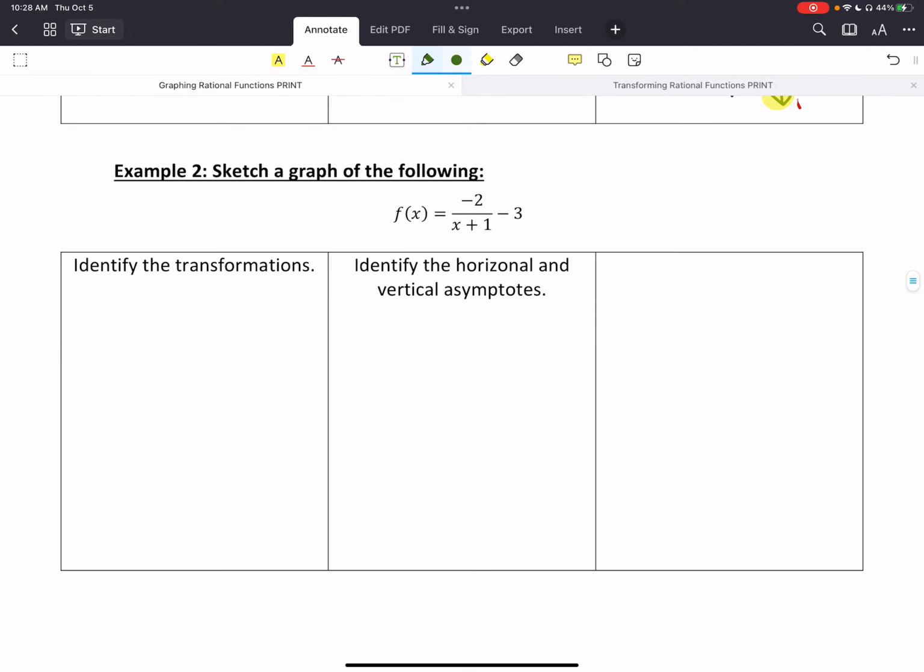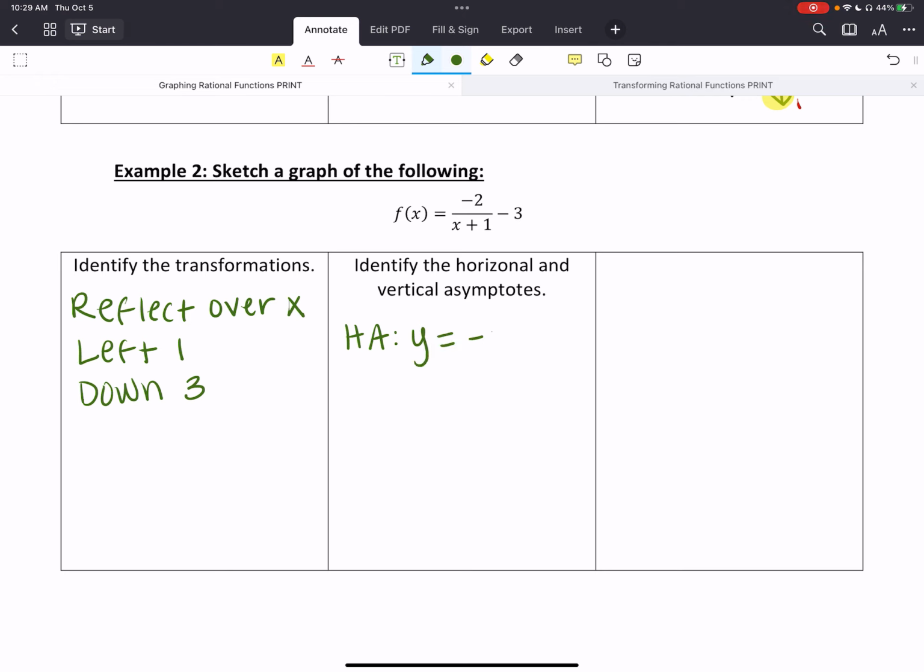So this one, we have a reflect over x. We have a left 1. And we have a down 3. So then our horizontal and vertical asymptotes. Remember, our horizontal asymptotes comes from our plus or minus on the outside.